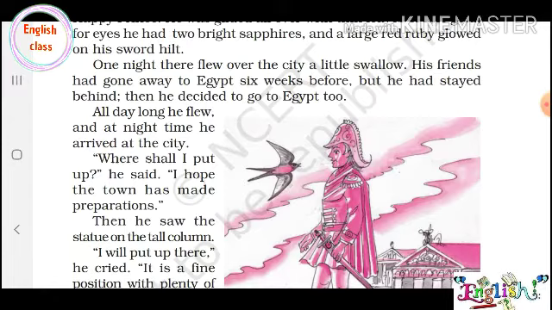So here the swallow, the bird, is a little bit humorous, he was talking about the preparation of that city, the city of Happy Prince. He thought himself that where should I sit, and he hoped that the town has made preparation for him. It means the town was ready for him.